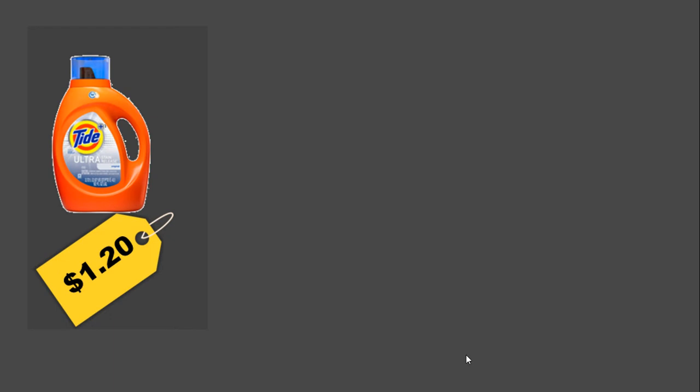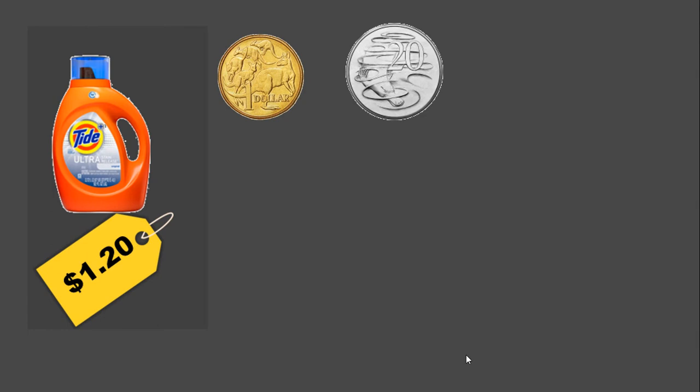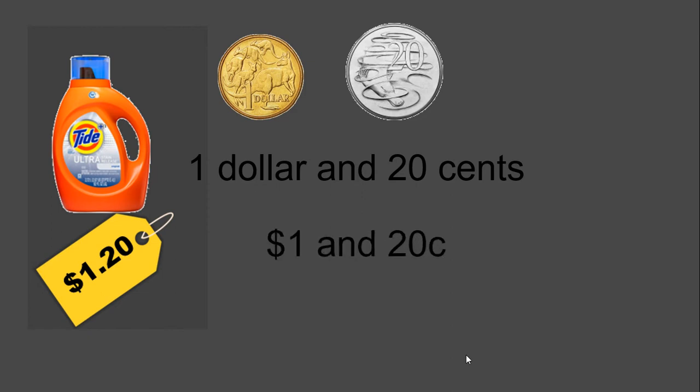The next example is our laundry detergent, $1.20. We need a $1 coin and a 20-cent coin. The sentence, $1.20. We can represent that with symbols and the word and, or as it shows on the price tag, $1.20. And finally, our soccer ball, $2.10.